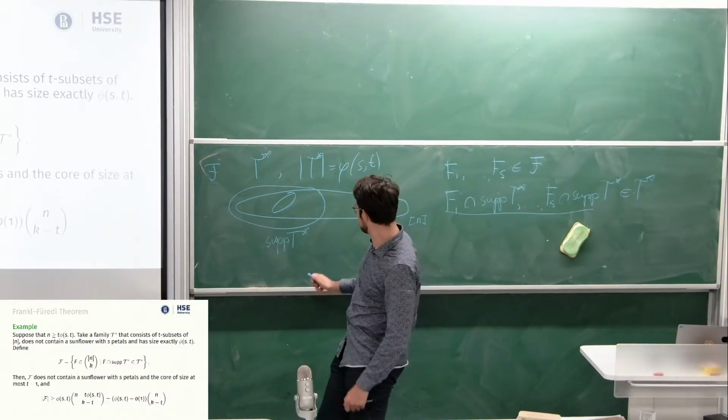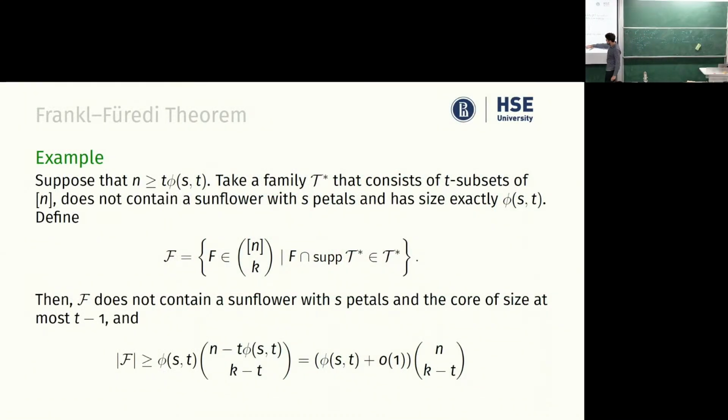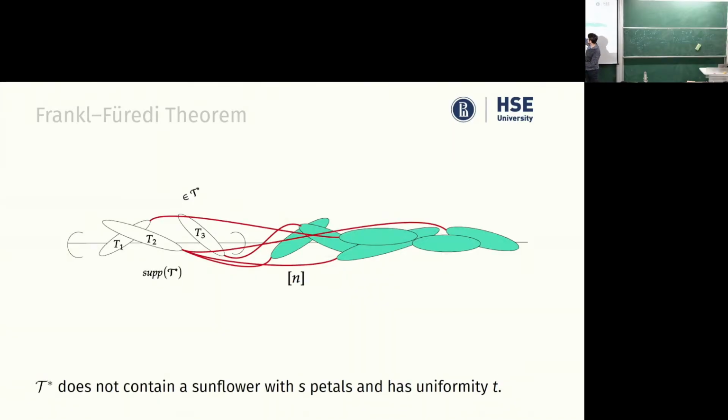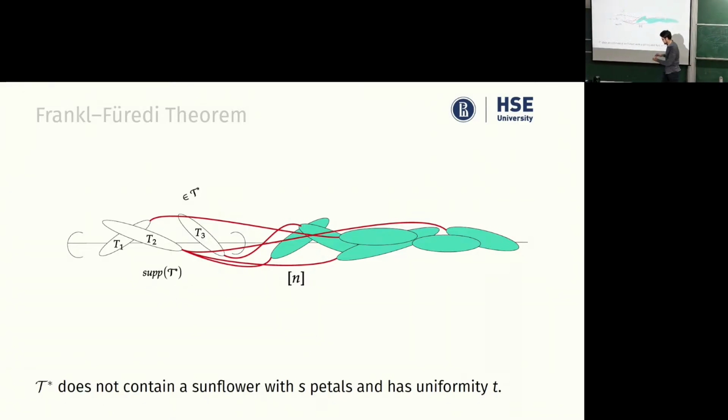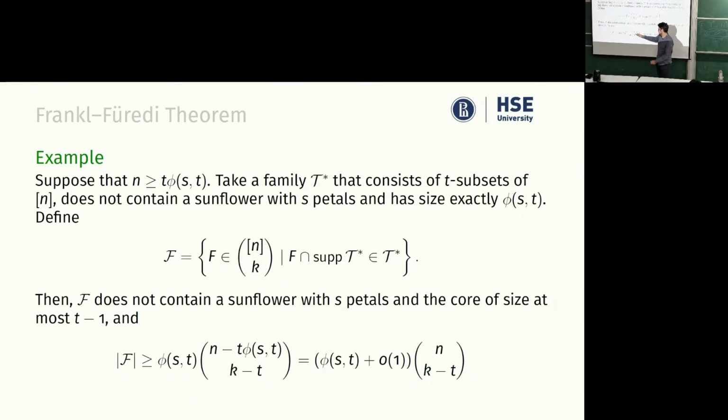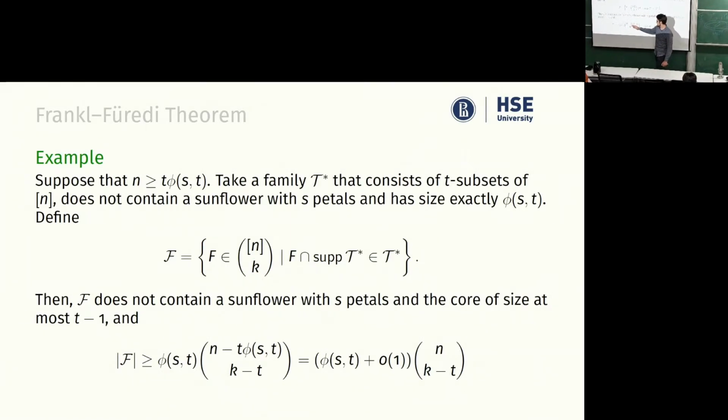And the size of F in this particular example can be bounded by phi, the size of T star, times the number of sets outside the support of T star of size k minus t, which can be lower bounded by n minus some upper bound on the support, choose k minus t.